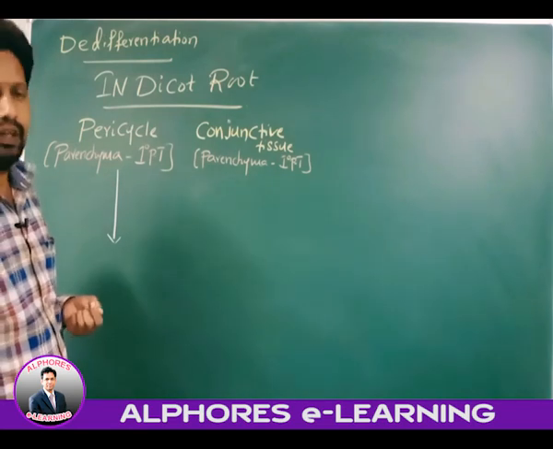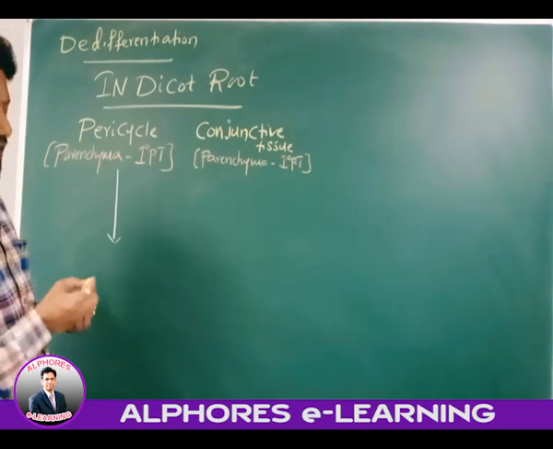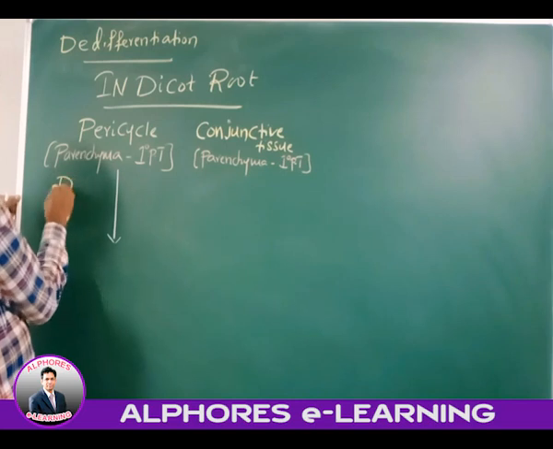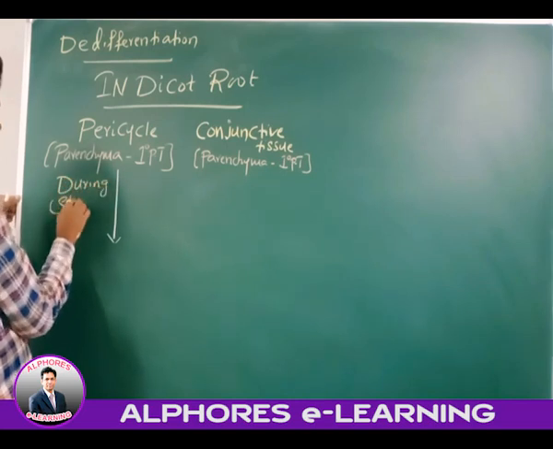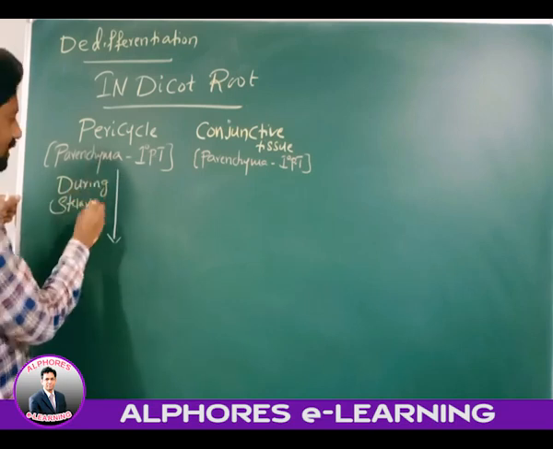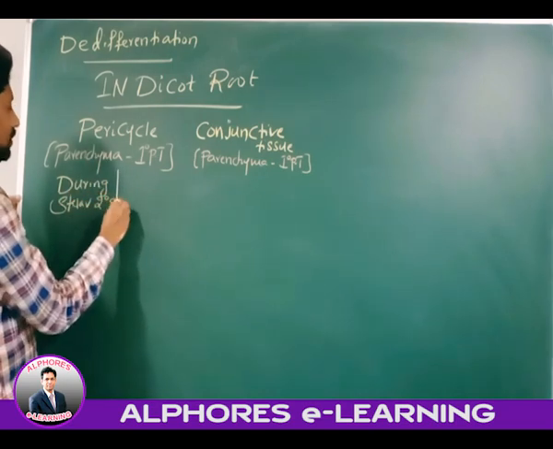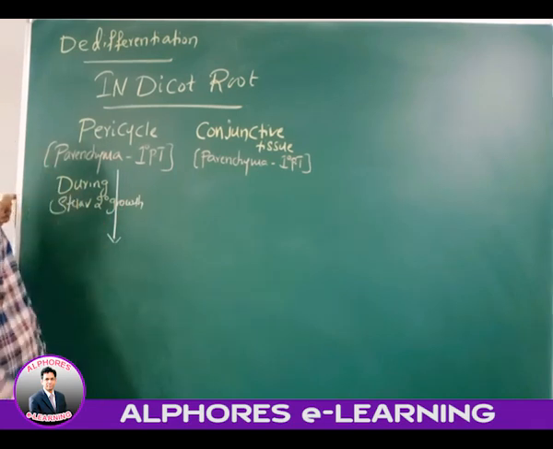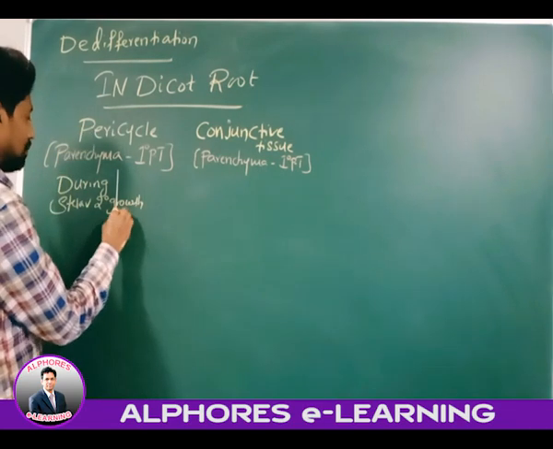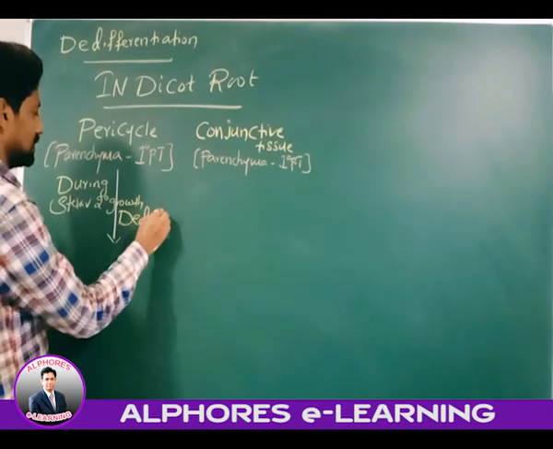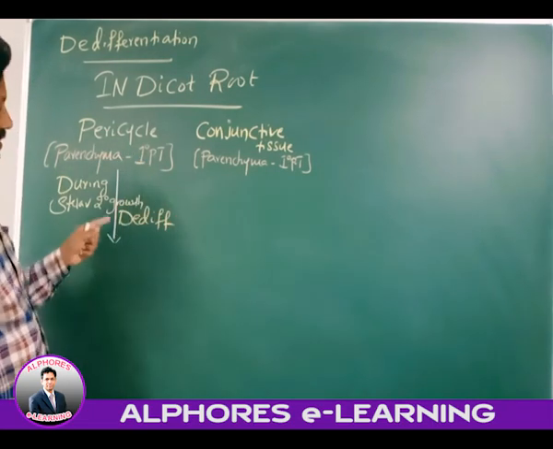During stellar secondary growth, the parenchyma of pericycle undergoes which process?